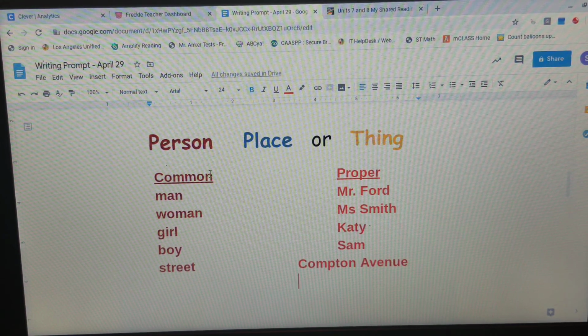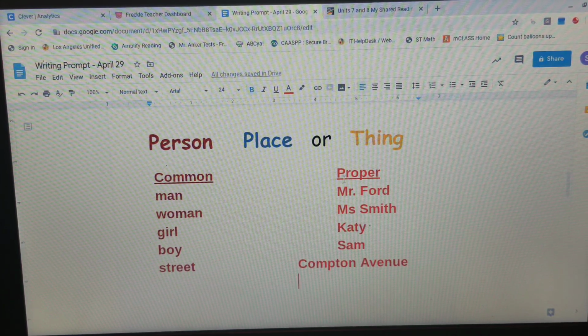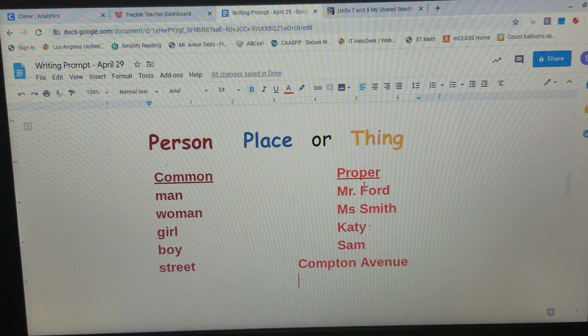But when I talk about a particular person and I use their name, then I need to capitalize. These nouns are called proper because they are the actual names of people or places.